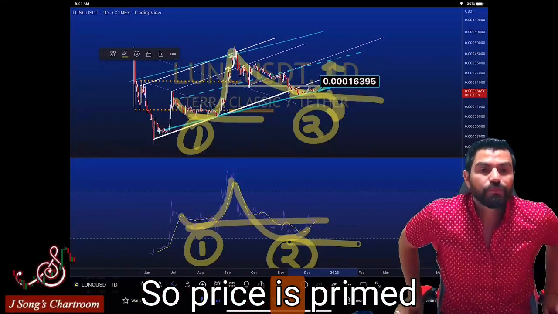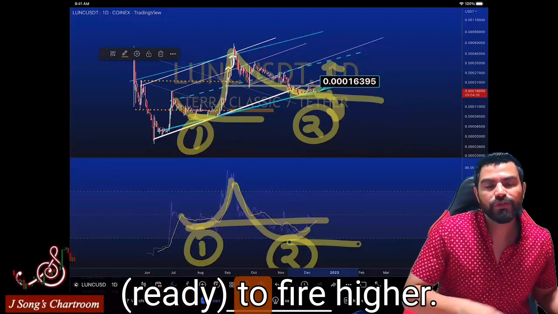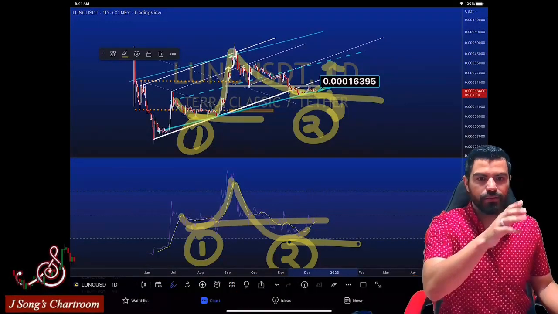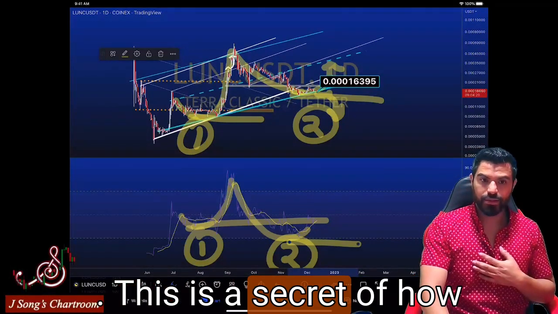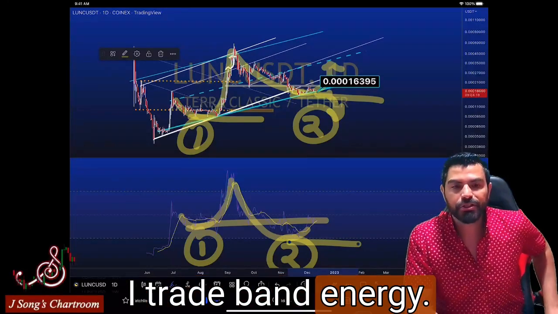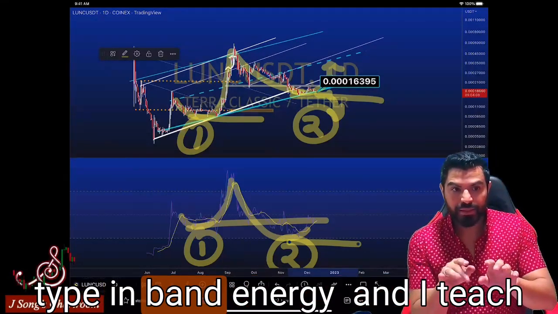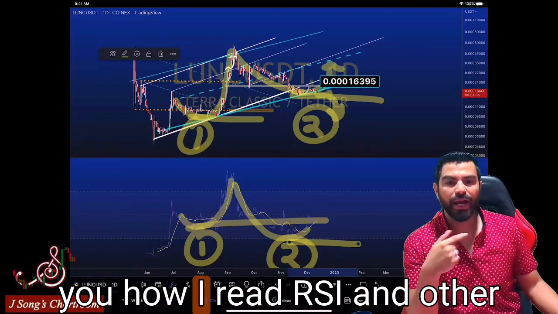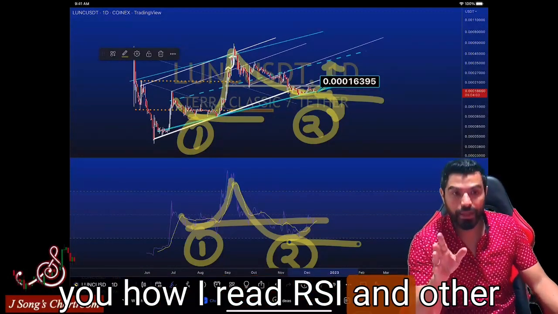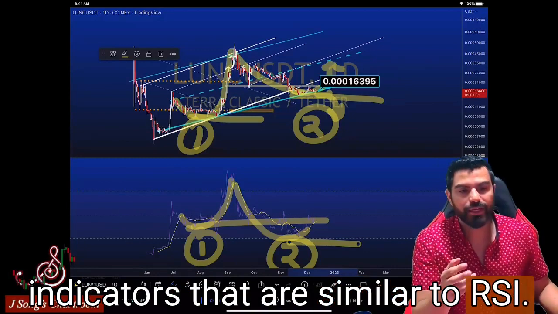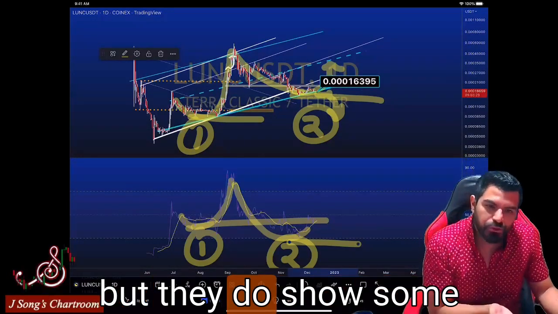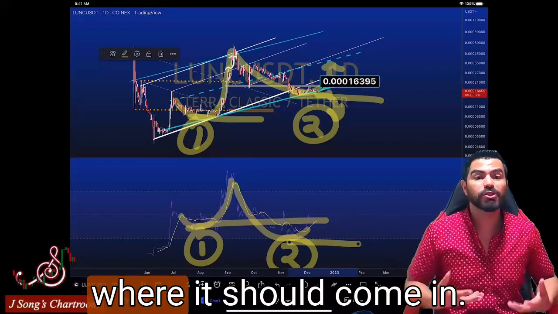So price is primed to fire higher. This is a secret of how I trade band energy. And on my website, you'll see in my tutorials, just type in band energy and I teach you how I read RSI and other indicators that are similar to RSI. These are all lagging indicators, but they do show some of the major energies and where it should come in.